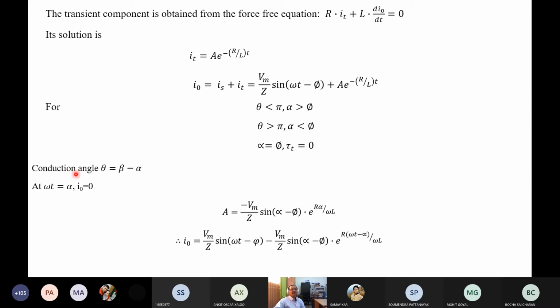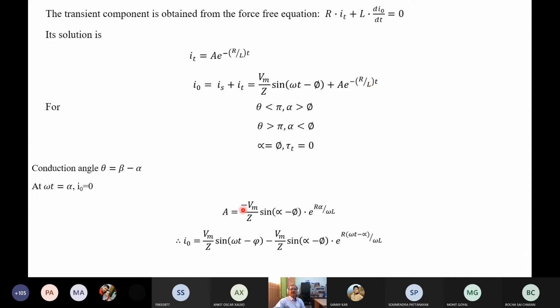So putting omega t equal to alpha, I naught is equal to 0. So we put it here: omega t is equal to alpha, and this becomes A, t is 0.